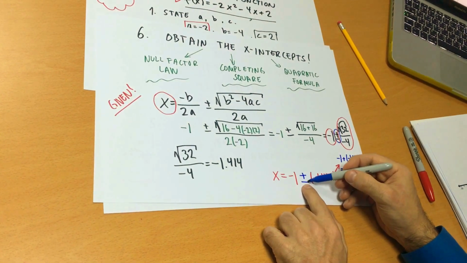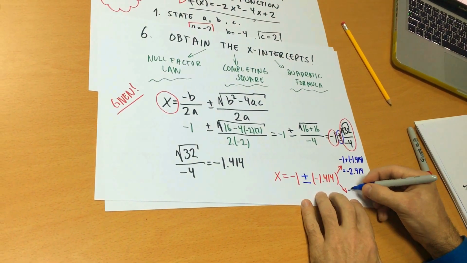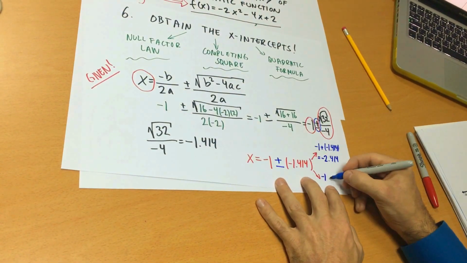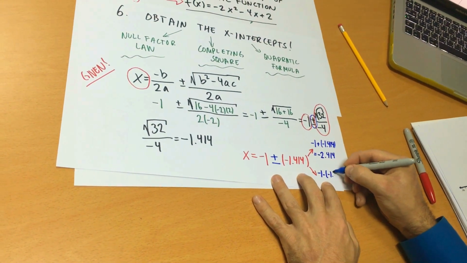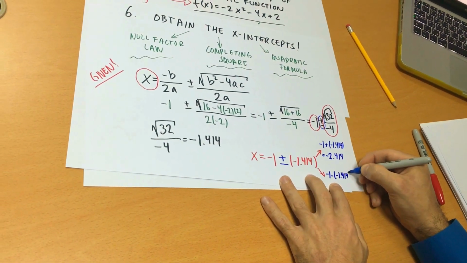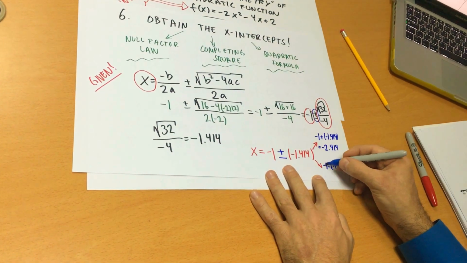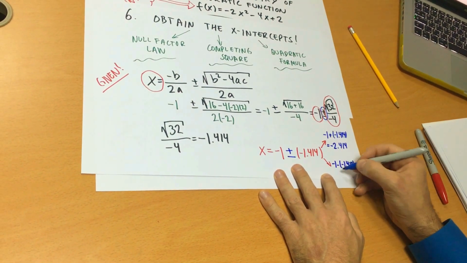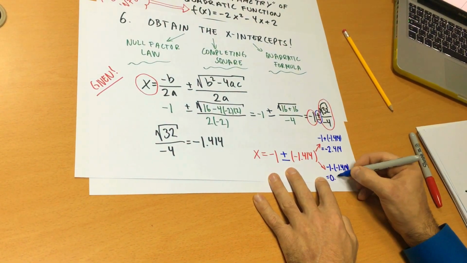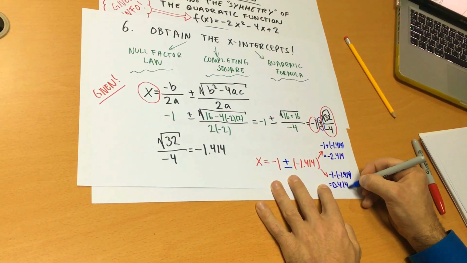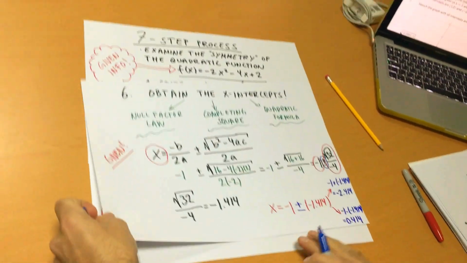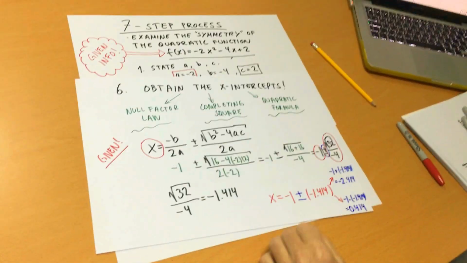And then the other solution, the negative solution, gives me negative 1 minus negative 1.414. So negative and negative becomes a positive, so it's actually negative 1 plus 1.414, equal to 0.414.